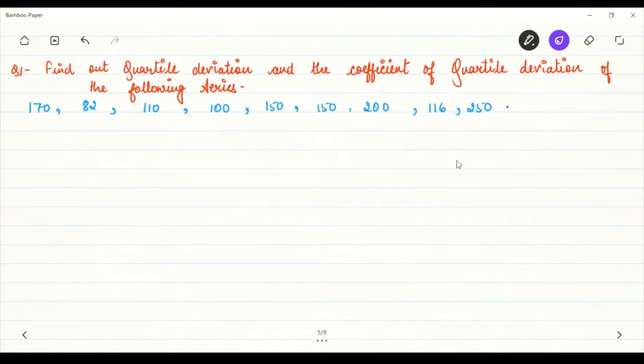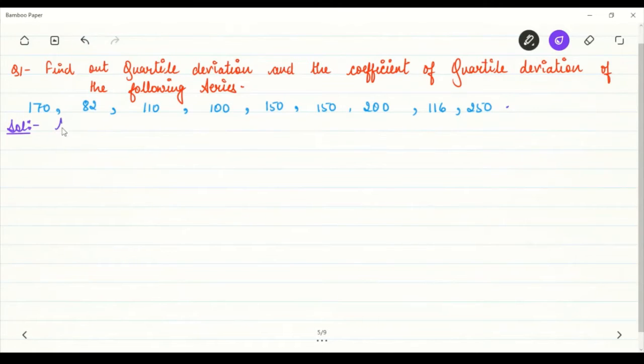In this question, we need to calculate the quartile deviation and the coefficient of quartile deviation of the series. As we know, the first step is to arrange the data in ascending order.